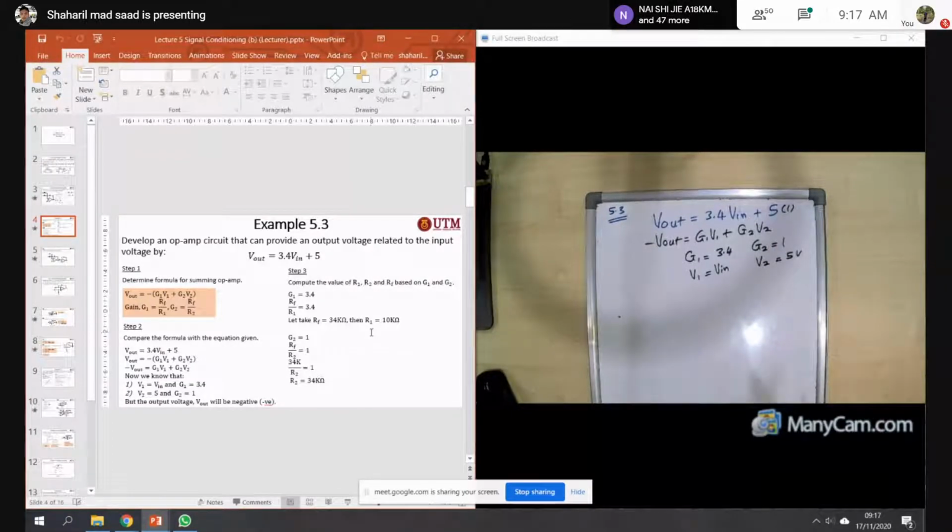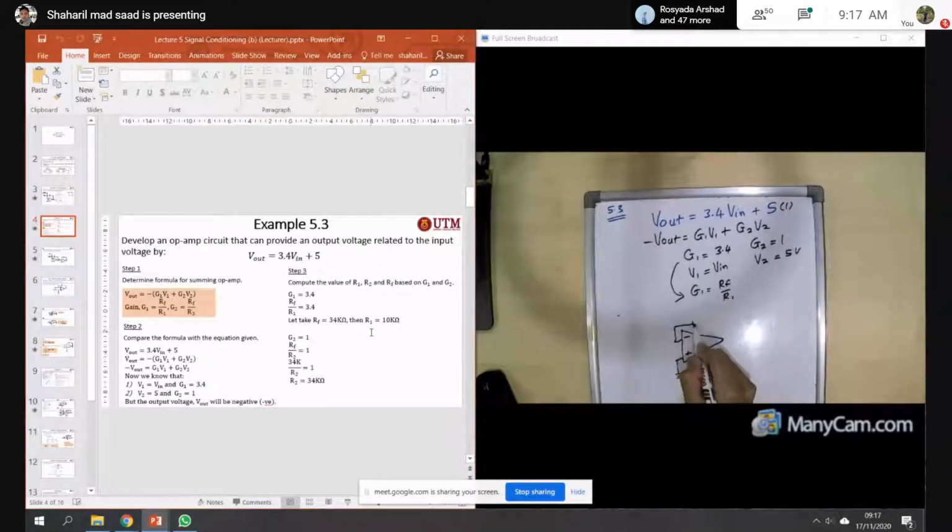Now for G1, we know that G1 is equal to RF over R1. How to get it? This one is based on the circuit, so minus and plus, all from the inverting circuit. The concept is draw the inverting circuit first.